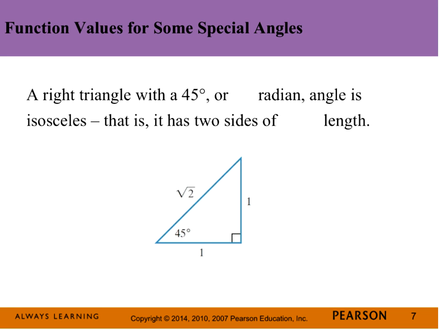Okay, so we have a right triangle here with a 45-degree angle. 45 corresponds to pi over 4 radians, and we found that out back in 4.1. We did a lot of work with trying to convert between radians and degrees there.